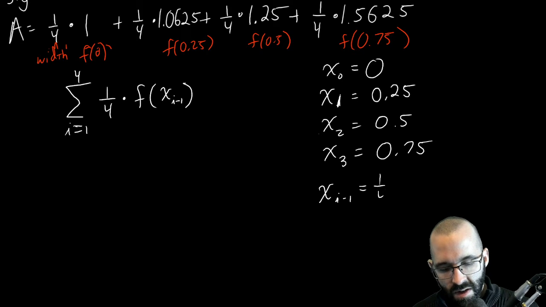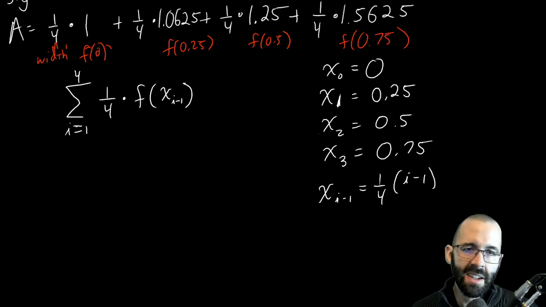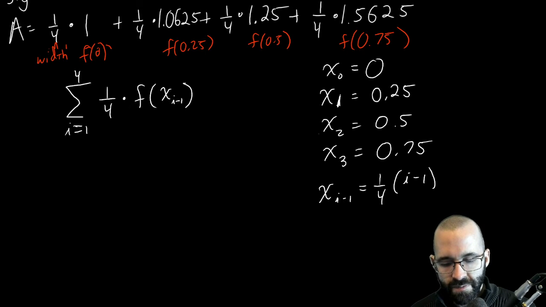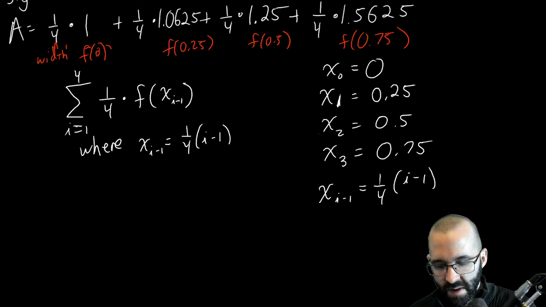So it's just 1/4 times whatever this is, in this case i minus 1. It would have been a little easier if we started from 0, went up to 3, and just had x sub i. But this works too. So x sub i minus 1 is 1/4 times i minus 1.